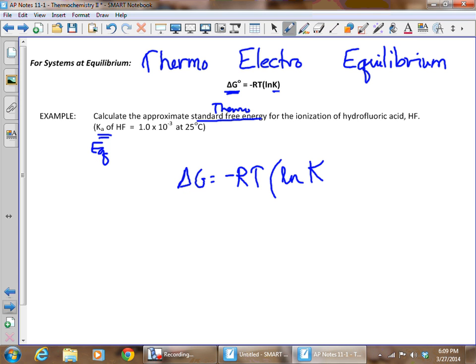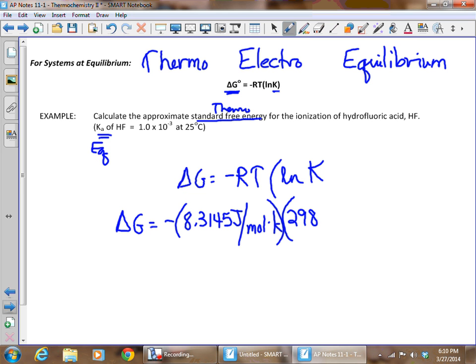We are trying to calculate delta G. R, once again, since we're dealing with free energy, should be our joule value of 8.3145 joules per mole Kelvin. The temperature is 25 degrees Celsius, standard temperature for thermo, or 298 kelvins, which it must be in this equation.